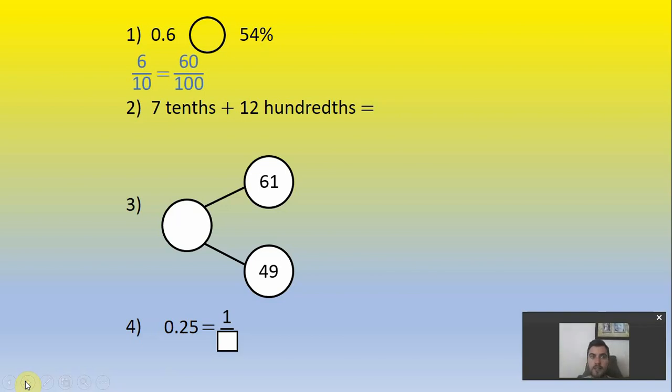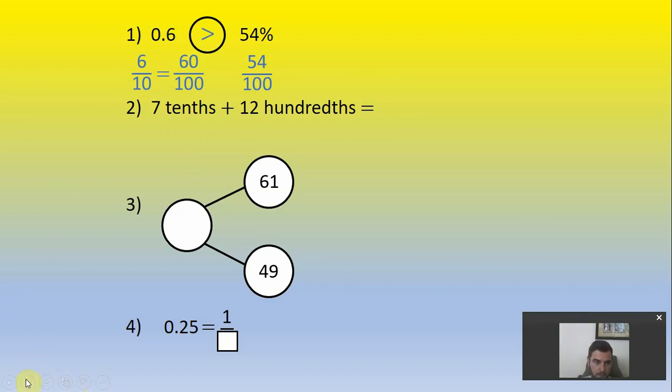So 6 tenths equals 60 hundredths. Remember, percentage means out of 100, so if we get it to 100 first, it's a lot easier for us to compare. So 60 hundredths and 54 hundredths, you can then make an easy comparison: 0 and 6 tenths as a decimal is greater than 54%.